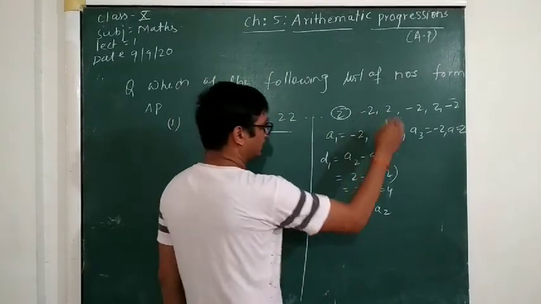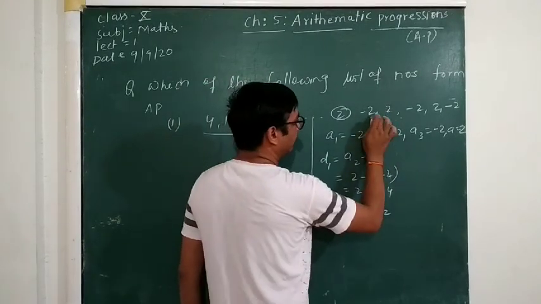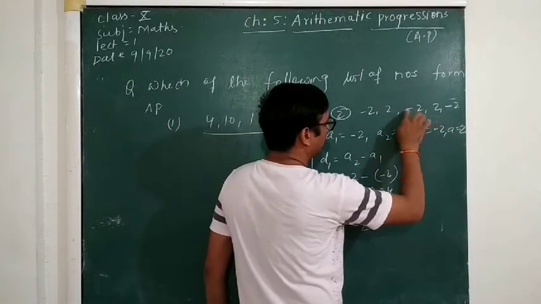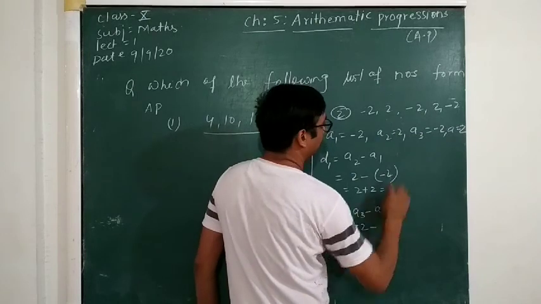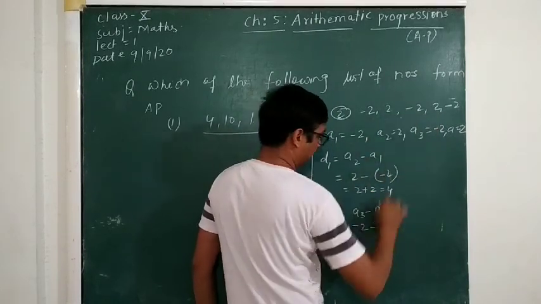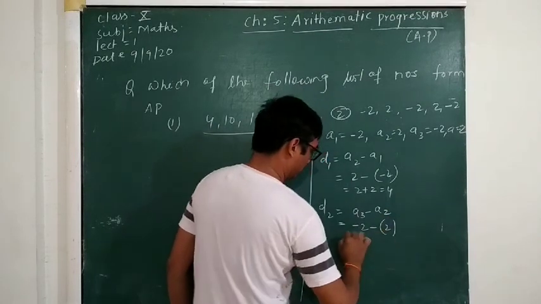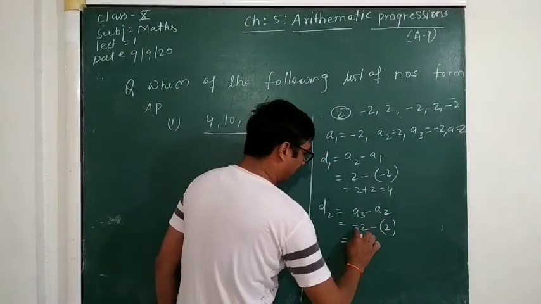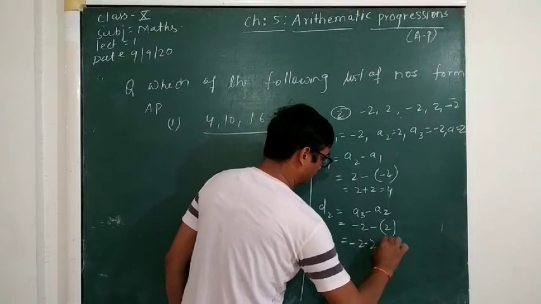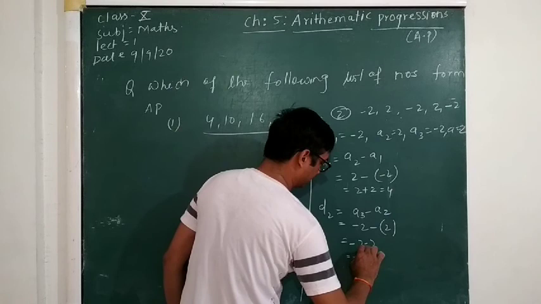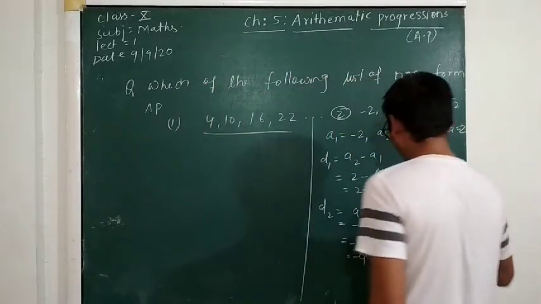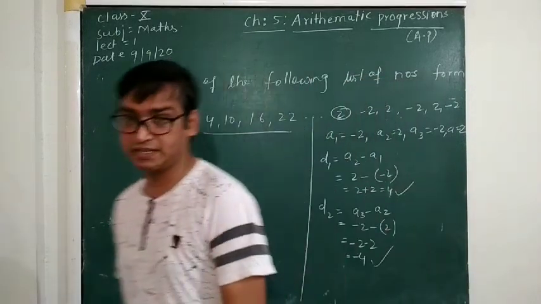So A3 is minus 2 minus A2, which is 2. So we are getting minus 2 minus 2, which is minus 4. So here we are getting 4, here we are getting minus 4.